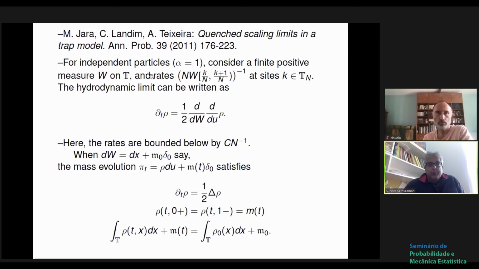Just to mention it again in context, if you have, let's say, a finite measure W on the continuum torus, and you multiply the jump rate G by this kind of factor for each site K. If W is absolutely continuous with respect to the Lebesgue measure, this will be order 1, but it could have some point masses, for instance.